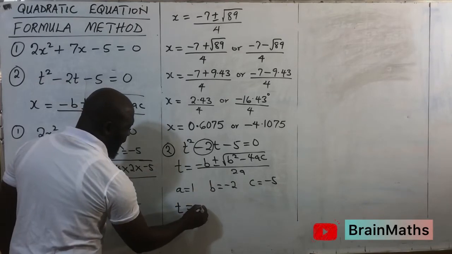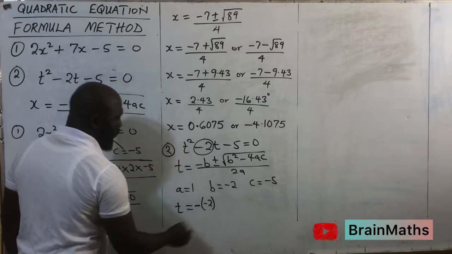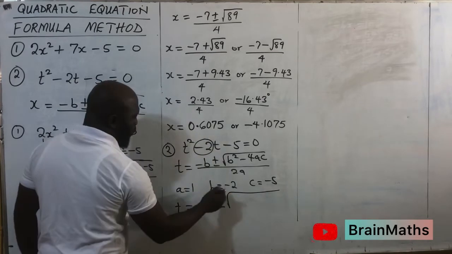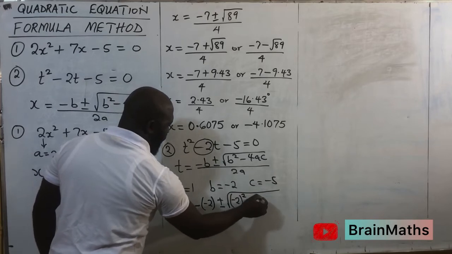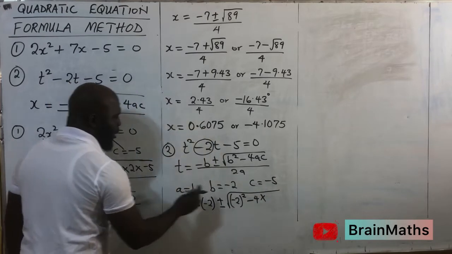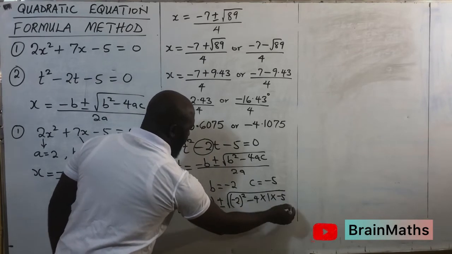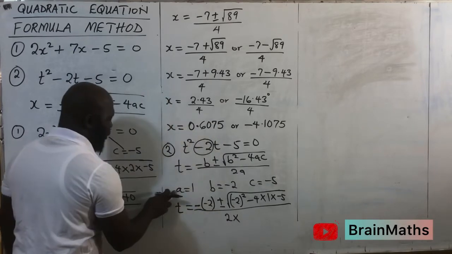You first write the negative. b itself is -2, plus or minus square root of b squared, that is -2 squared, minus 4 times our a is 1 and our c is -5, all over 2 times a, which is 1.